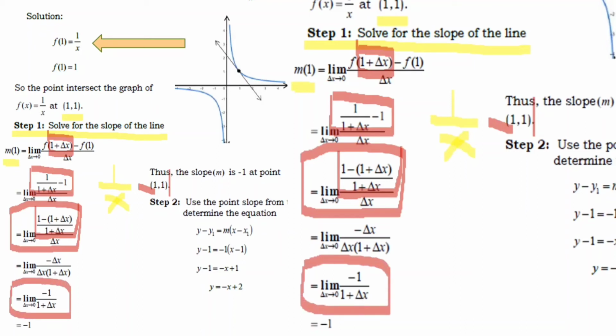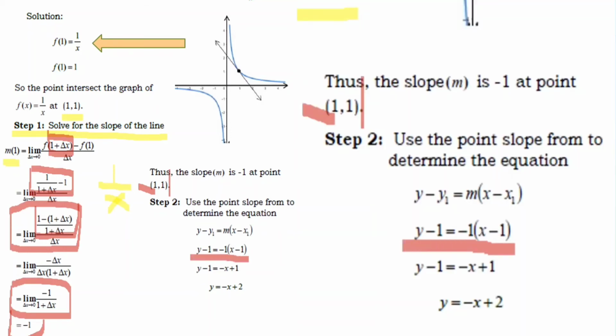We are ready to solve for the equation of the line, since we already have the value of the slope, which is negative 1. I hope you have taken down all the important details in solving for the slope of a line. Let's proceed to finding the equation of the line.